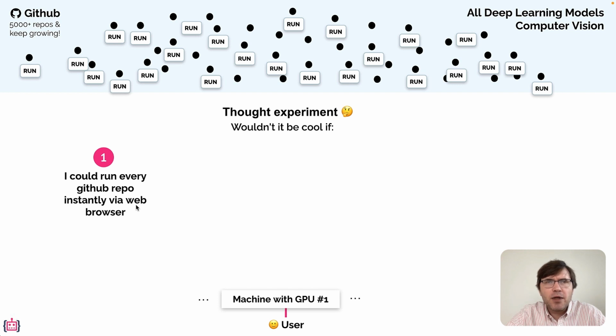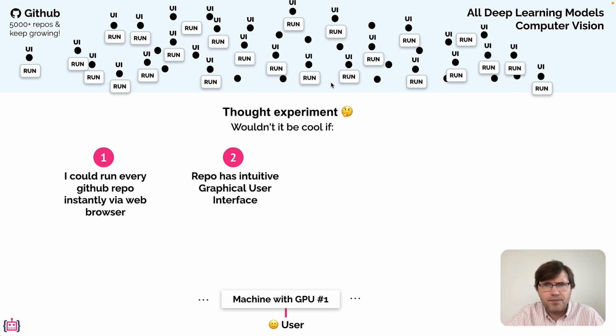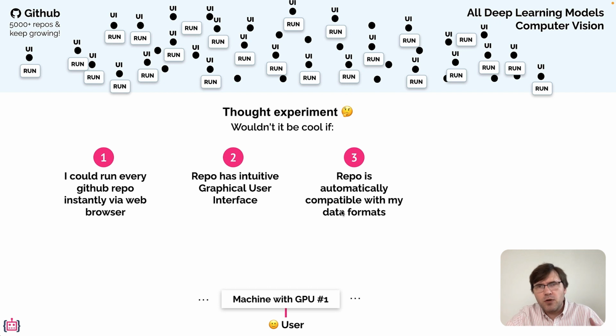Essentially, it's equivalent to the situation in which each GitHub repository has a run button. And maybe it would also be cool if each GitHub repository has an intuitive graphical user interface, which is shown here. And it might also be cool if each repository here is automatically compatible with the data format that users might have.